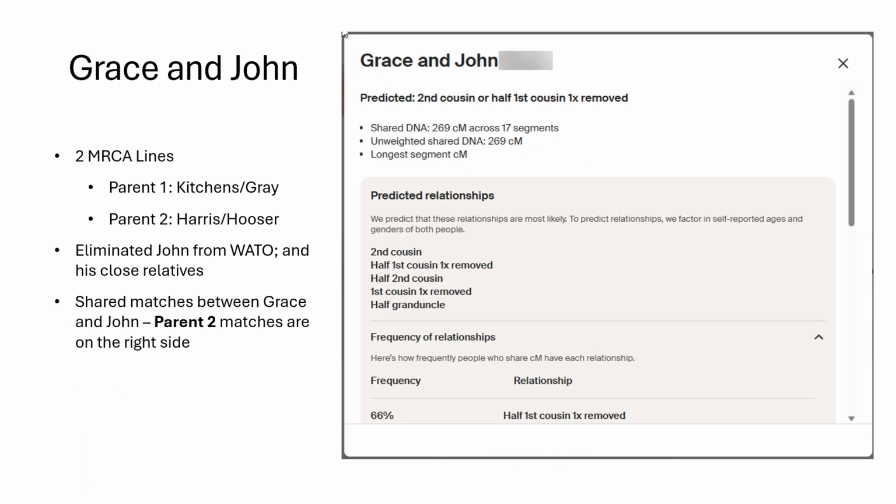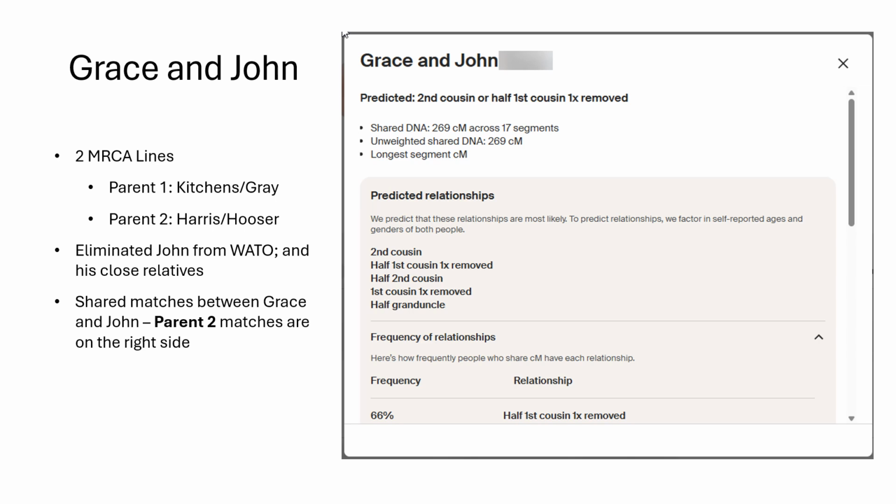So now I have this hypothesis that Grace and John are actually sharing two sets of common ancestral couples. And as I looked in the shared matches between Grace and John, I saw that some of the matches were through John's parent 1, and some of the matches were through John's parent 2 side. And so my hypothesis then is that the parent 2 side is where the Harris-Hoosier matches are.